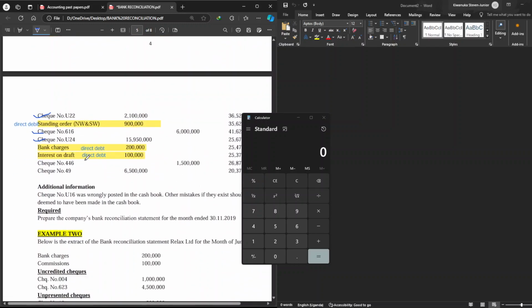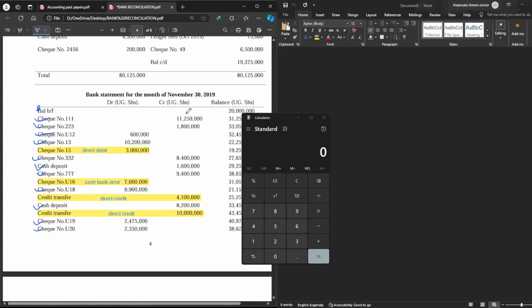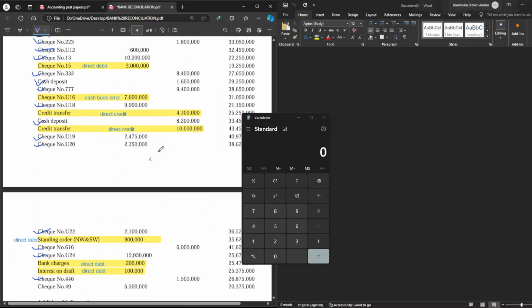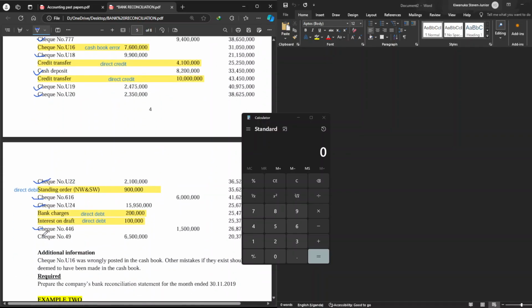It should be on the credit side. 1.5. We tick. Oh, check number 49. It should appear on the credit side. 49, 6.5. So we do what? We tick and we come here and we tick.